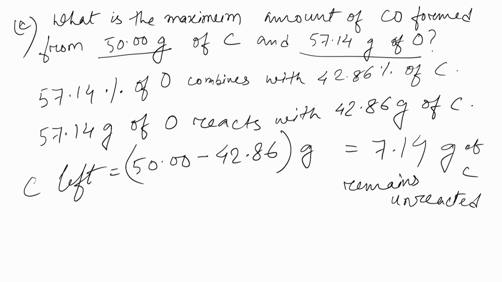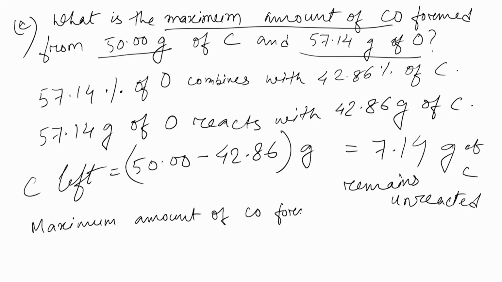Because for reacting this many grams of carbon, no oxygen is left with us. So, only 42.86 grams will react with oxygen, and the maximum amount of carbon monoxide formed will be 100 grams. Okay.